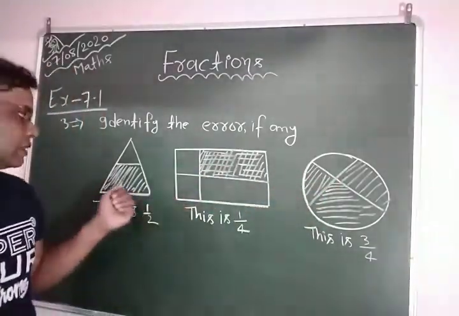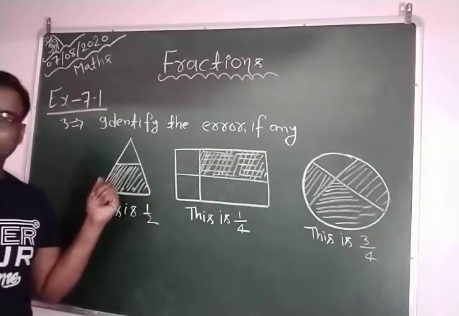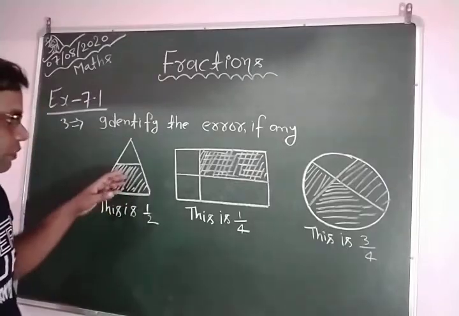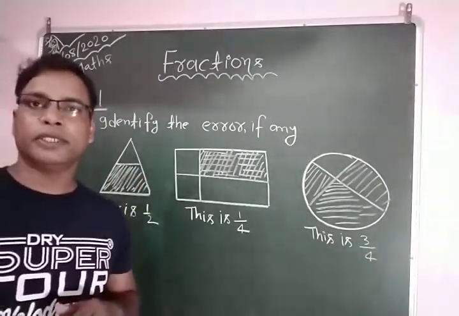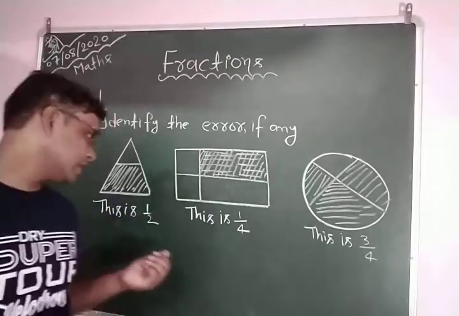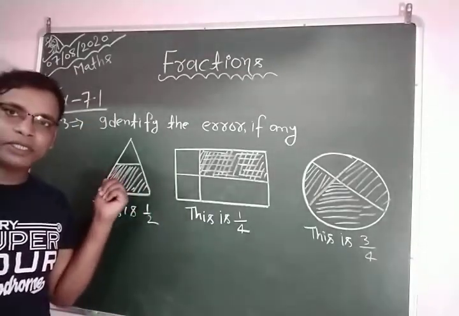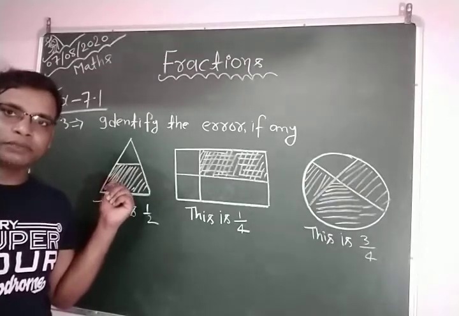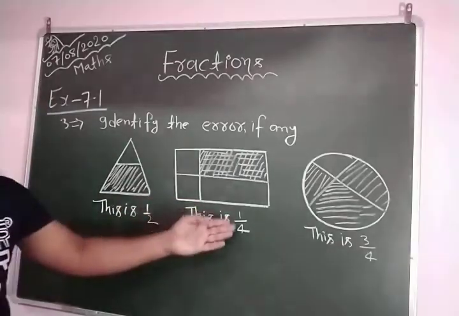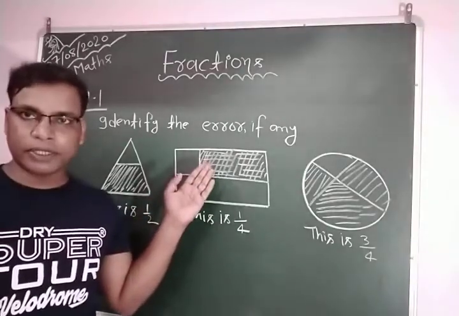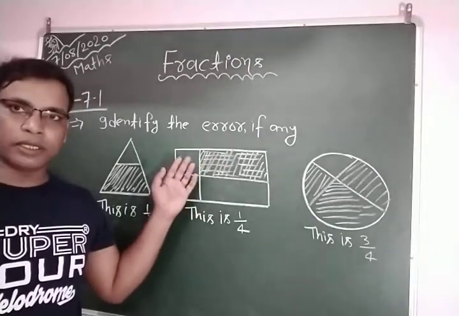So we can say the selected portion does not represent the given fraction, because this is 1/2, but this figure does not represent 1/2, because both parts are unequal. Here 1/4 is not represented, because all parts are unequal.